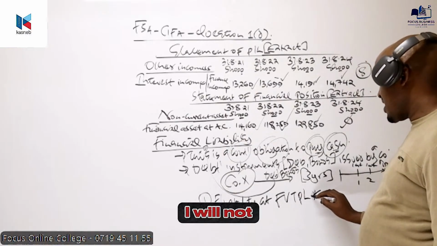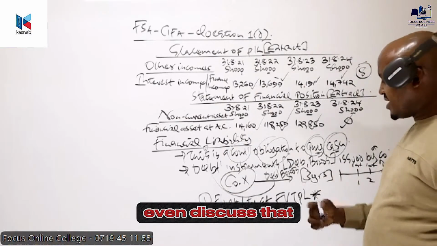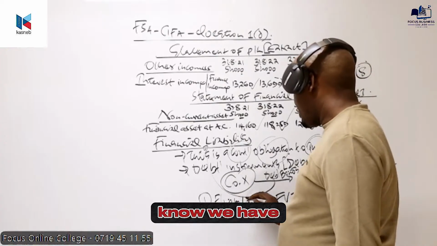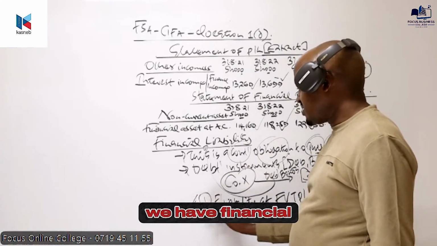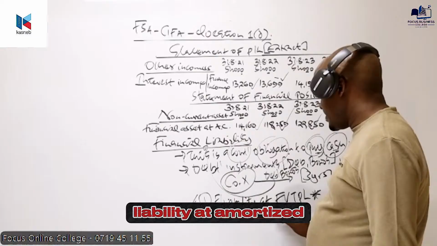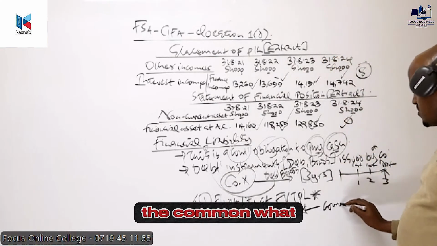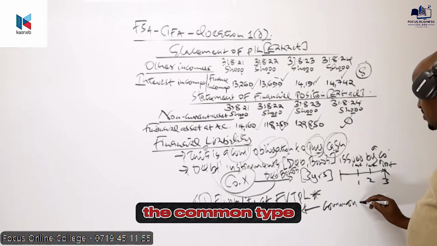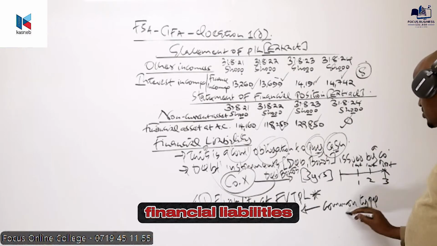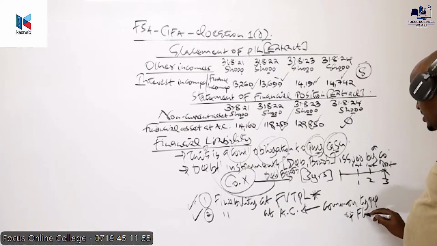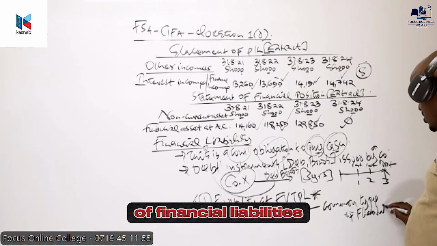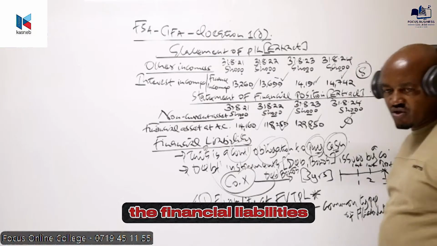These ones are not common, so I will not even discuss that, but just know we have two categories. And then number two, we have financial liability at amortized cost. These are the common type of financial liabilities which are issued by the company.